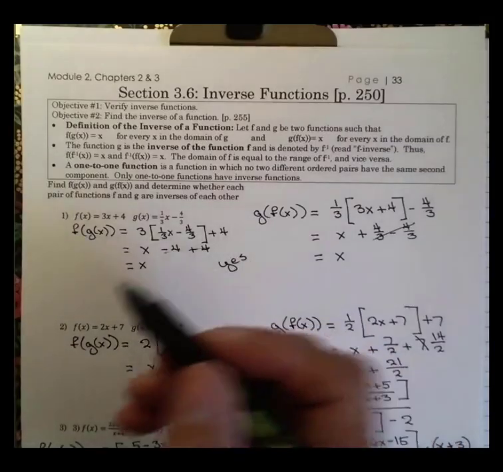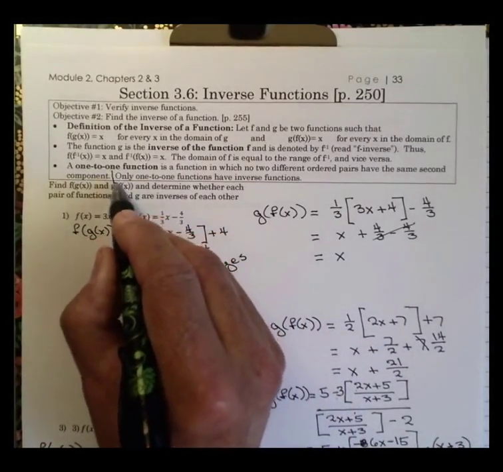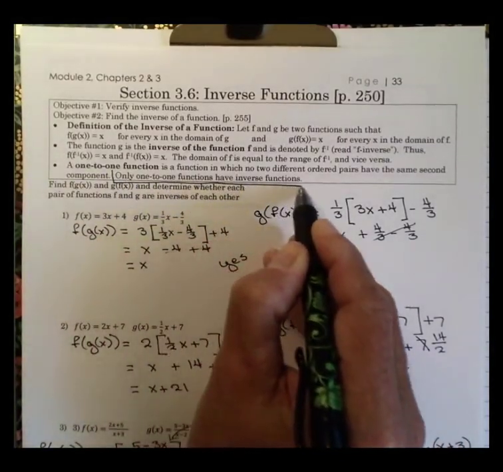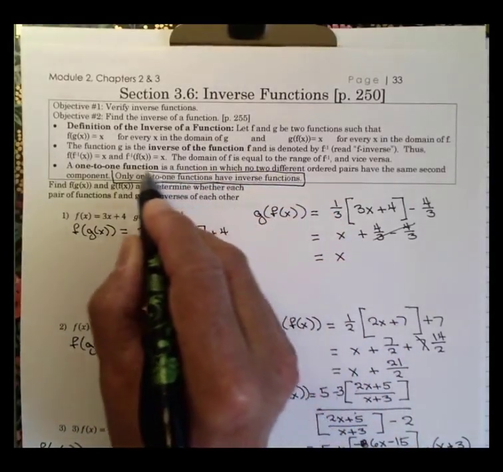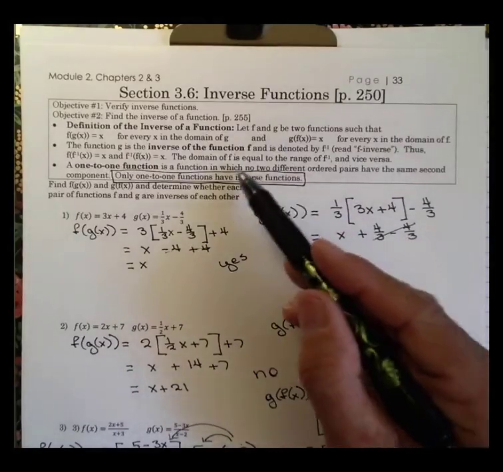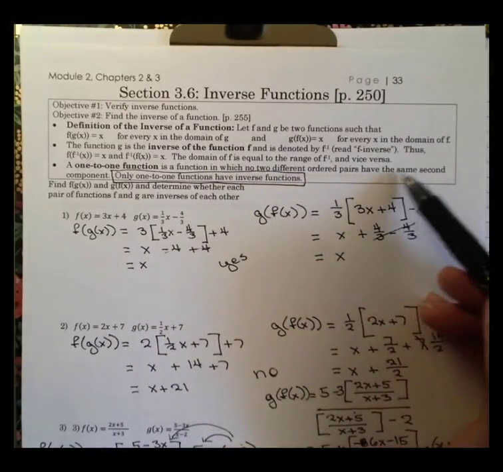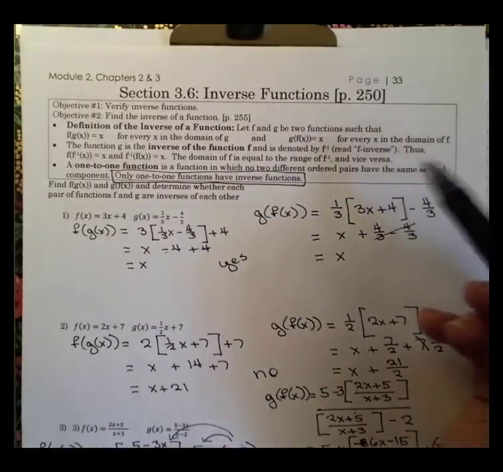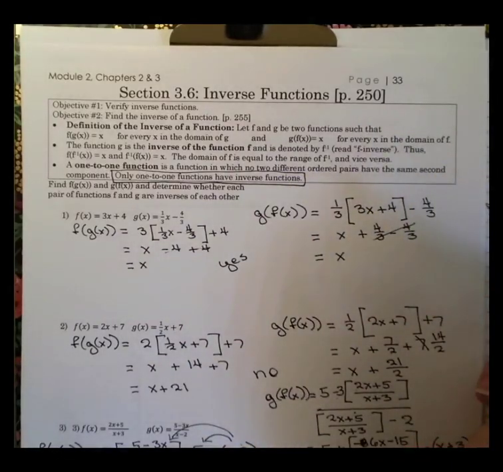Now, one thing we want to note at the top of this page is this statement: only one-to-one functions have inverses. So when you think about a function that's one-to-one, you know that it has no two different ordered pairs that have the same second component. And that's what we call a one-to-one function.